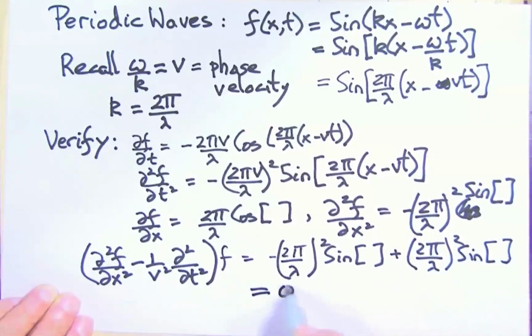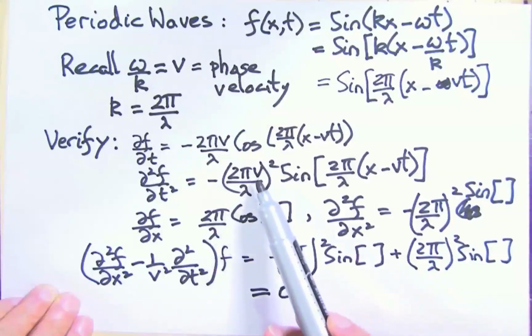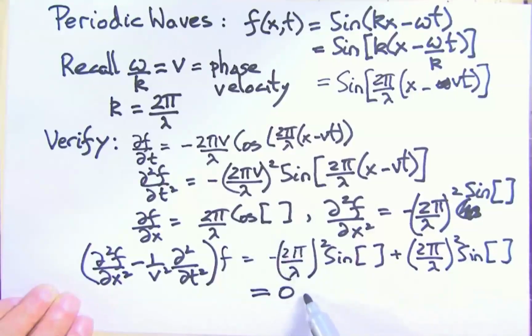So this adds up to 0. Okay, you see the v over here was essential because there's a v squared here, and when we differentiated there was a v squared here, so I get 0 over here, and that's exactly what you want.